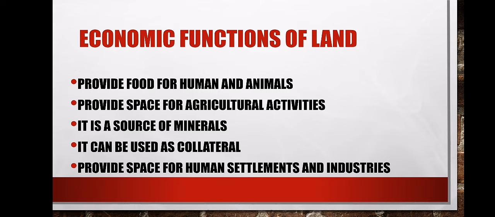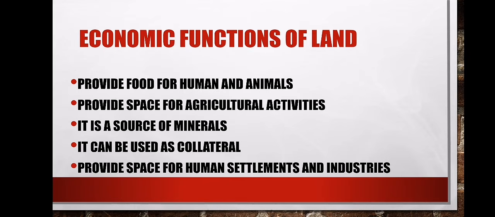All those industries and companies are built on land. So these are the economic functions of land that we have: provide food for humans and animals, provide space for agricultural activities, it is a source of minerals, it can be used as collateral, and it provides space for human settlements and industries.